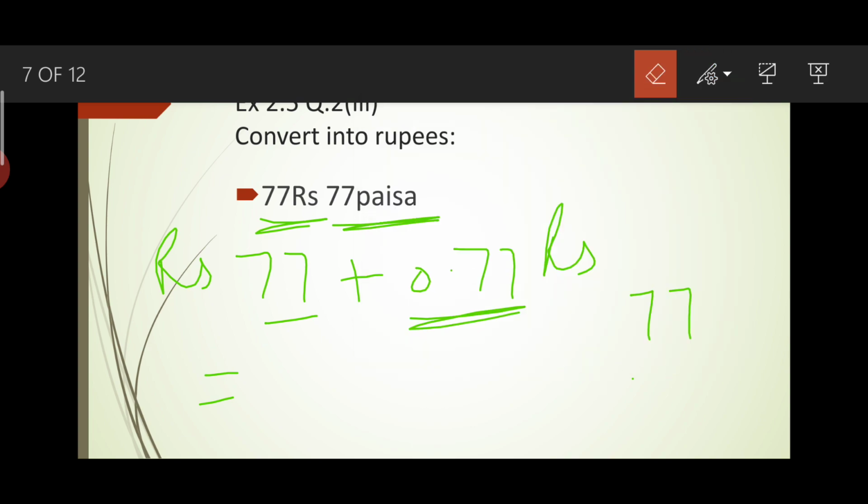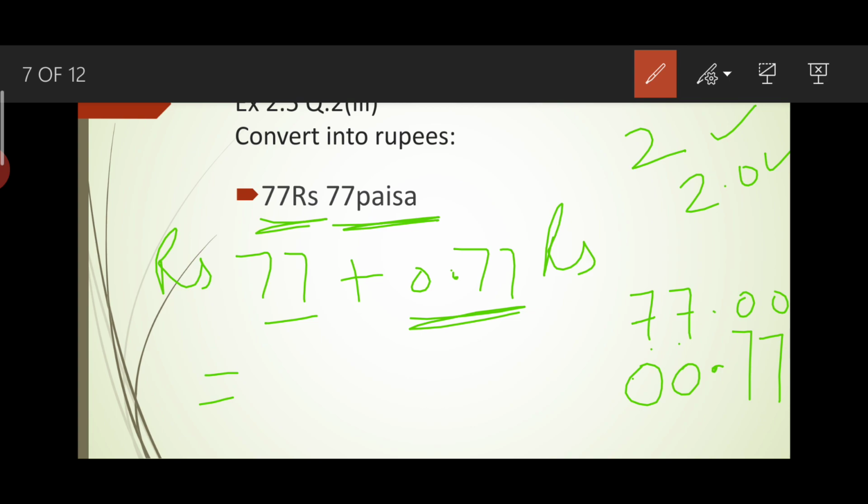You have to place the decimal after the whole number, because this is a whole number, and then write 77. Before it you can write 0, and after a whole number you can write 0, because 2 and 2.0 are both same.